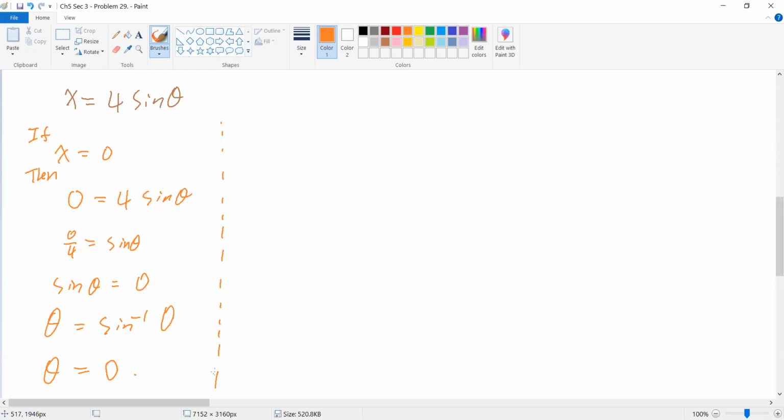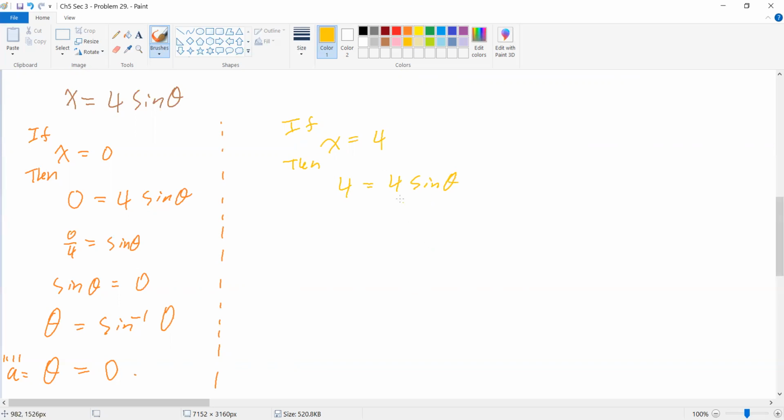So this gives us one of our boundary values, our lower boundary value. So this is our new a value. Now we need to use what happens if x is 4, which is the original b value. Then we're going to say, okay, we have 4 is equal to 4 sine of theta.